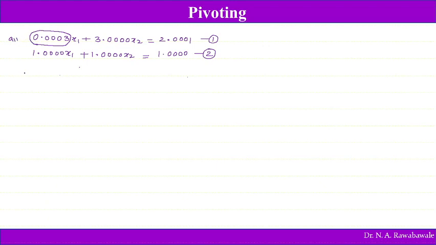What we call a11, which is equal to 0.0003, is known as the first pivot element, and it is very close to 0.